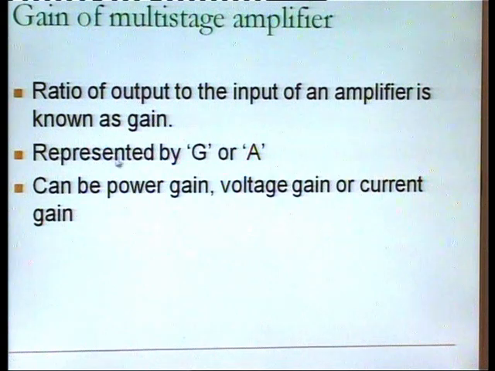It is represented by G or A, and we can similarly calculate the power gain, voltage gain or current gain.